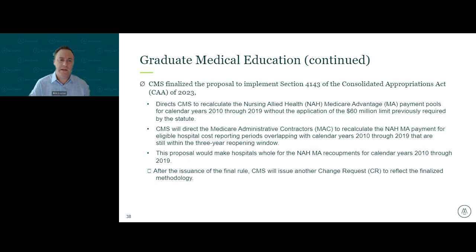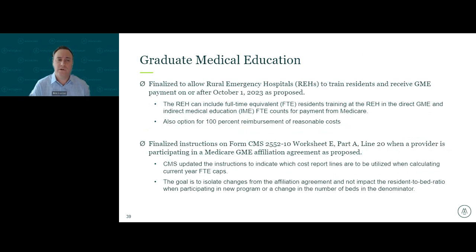Also in medical education related to rural health emergency hospitals, there's only a handful of these. Last year, if you joined us, this program was introduced. These are hospitals that were critical access hospitals that have been converted to outpatient only centers with some advantages in doing so for specific types of hospitals.